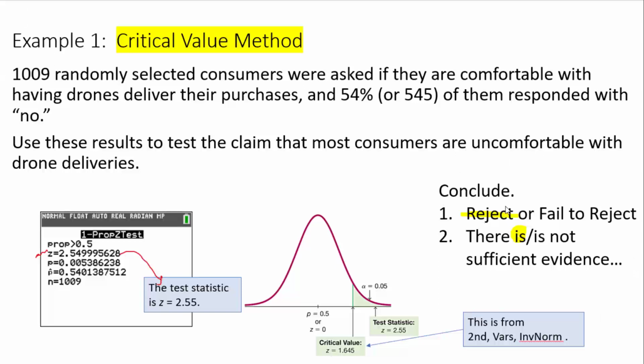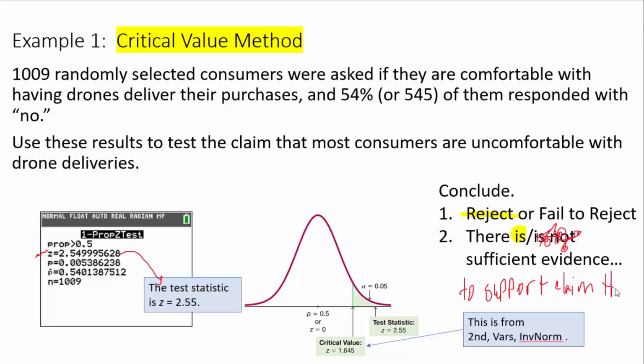Every time we are going to reject or fail to reject H sub 0. But there is or is not sufficient evidence about the claim. So here we would say there is sufficient evidence to support, and I'm so sorry for this horrible handwriting, to support the claim.